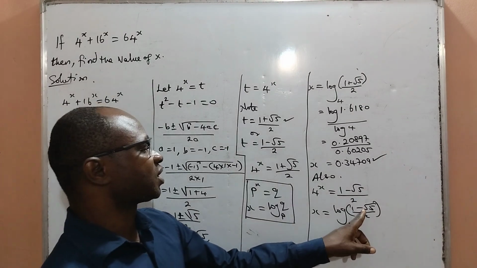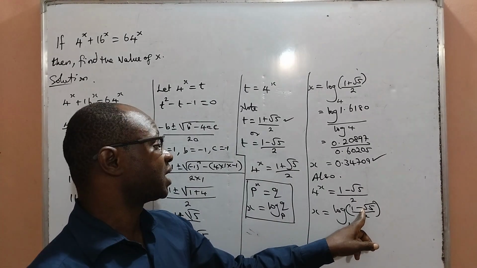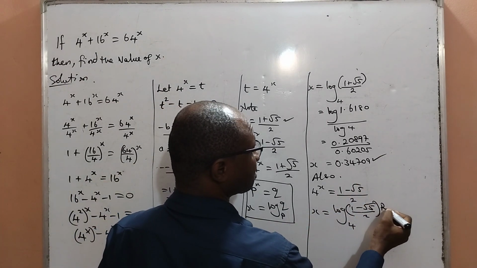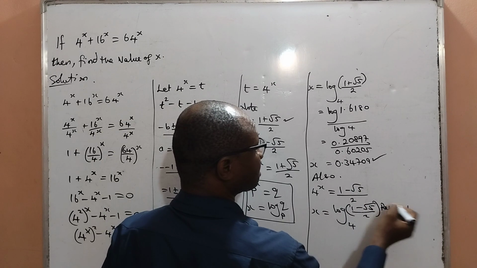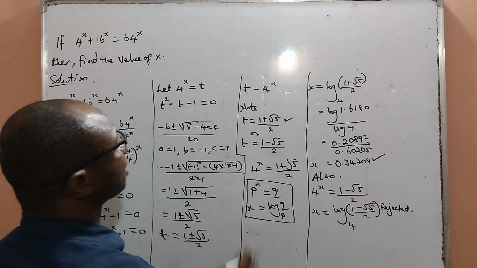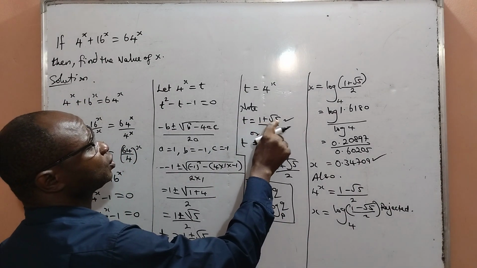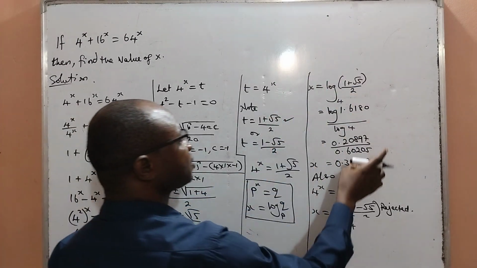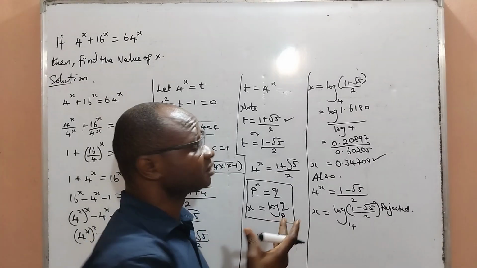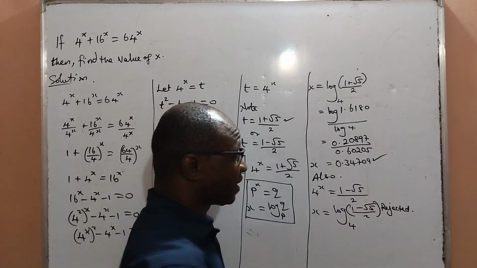But this is going to give us a negative value, and we cannot have a log of a negative value. Therefore, we reject this, meaning that the answer to the value of x is for when t is equal to 1 plus root 5 all over 2, and when solved and applied the use of calculator to get the answer in decimal, this becomes our final answer.